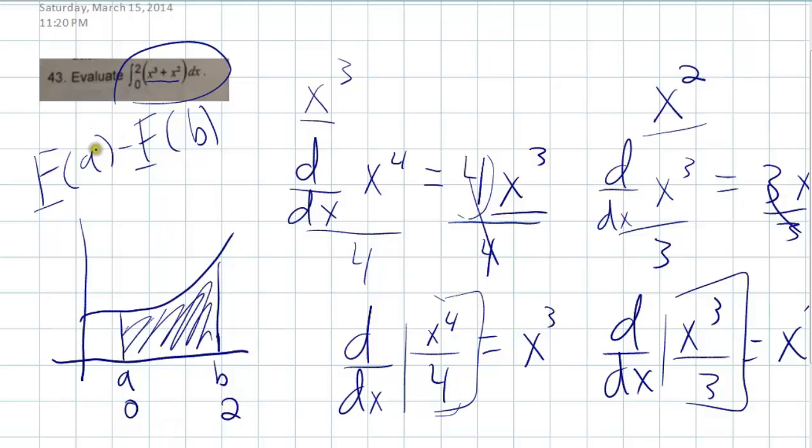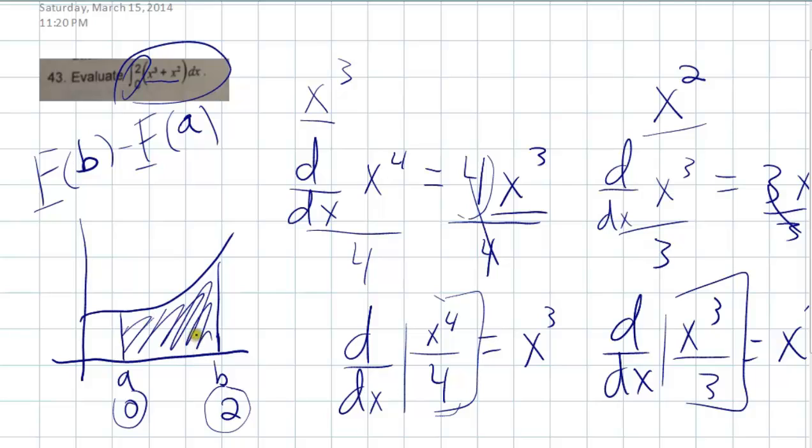So let me switch this around to match what it's supposed to say. This and then this. And so basically you're going to take the antiderivative and then plug in the two values that they gave you, and you're going to subtract. You're going to have the end point and subtract the start point.